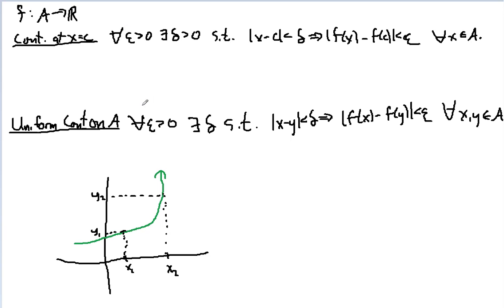there exists a delta that should be bigger than 0, such that, now here's one big difference, here you have a c instead of a y, and there you have a c instead of a y. And most importantly, because the variable names don't really matter, it's what the variables mean.